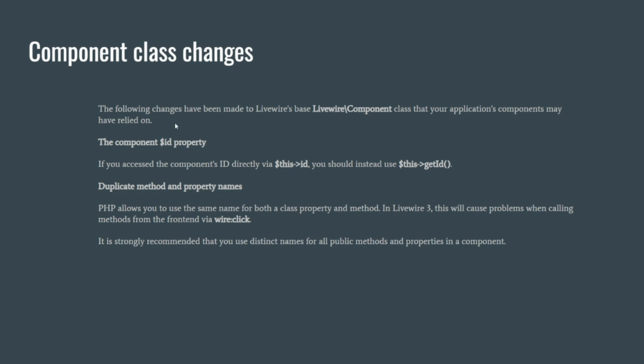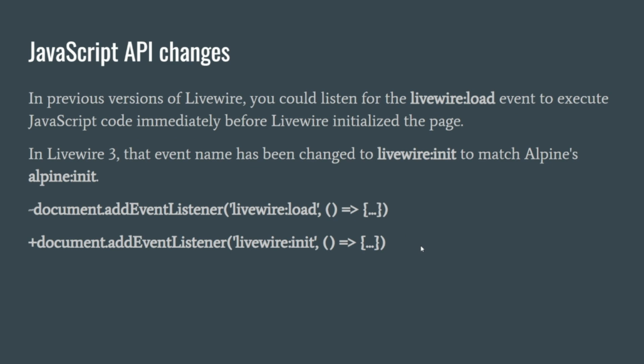That was possible with Livewire 2. However, with Livewire 3, that has been removed, so it doesn't allow you to have the same property name and method name. It is strongly recommended that you use distinct names for all public methods and properties in a component.